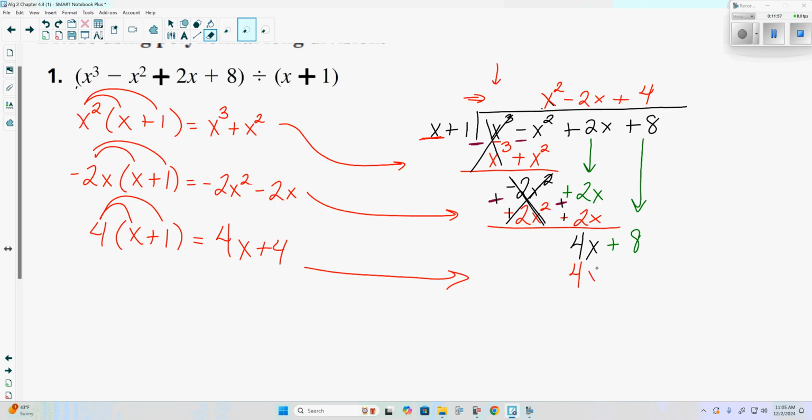Giving us 4x plus 4. And last but not least, we would subtract. 4x minus 4x is 0, just like we wanted. And 8 minus 4 is 4, yes?